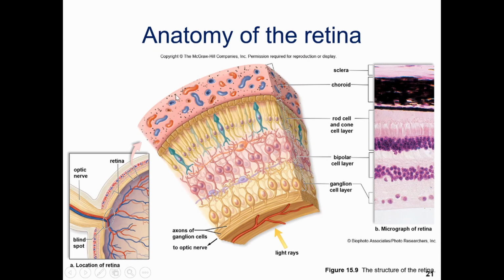We have the sclera back here and the choroid right here. And all of this is going to form the retina. The rods and cone cells are actually way back here. So light has to travel through the axons, through the ganglion cells, through the bipolar cell, and then to the rods and cones. So it's kind of interesting.